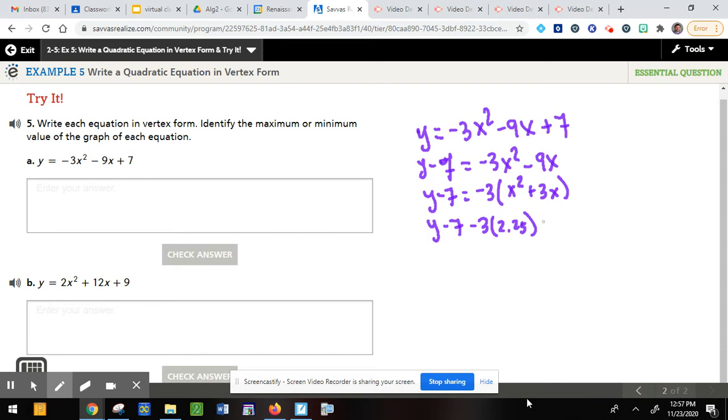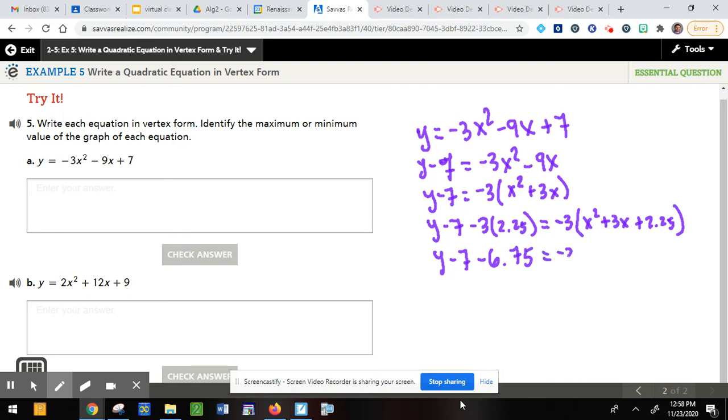And then that's equal to negative 3 times x squared plus 3x plus 2.25. All right. Now on the left side, negative 3 times 2.25 is going to be negative 6.75.